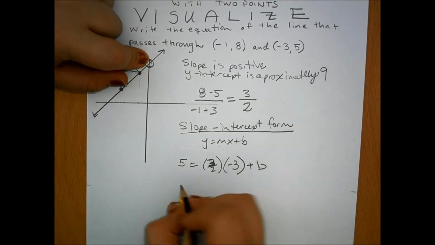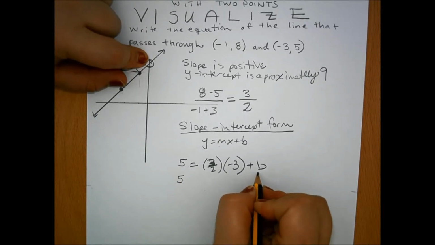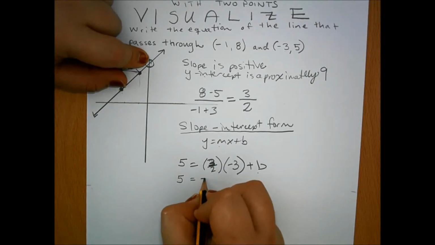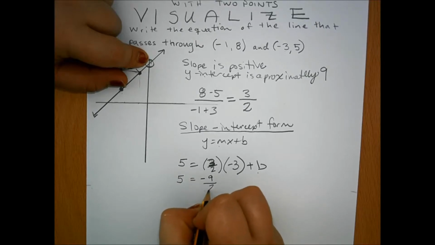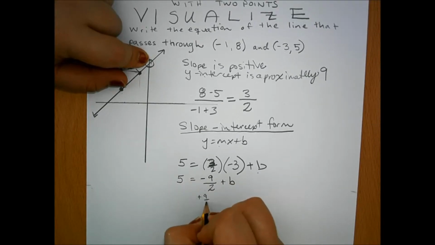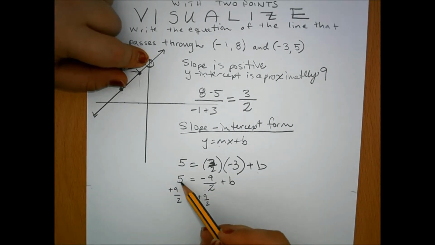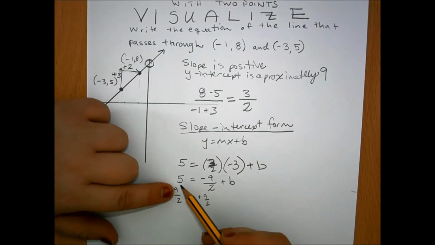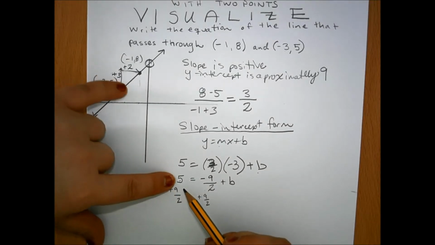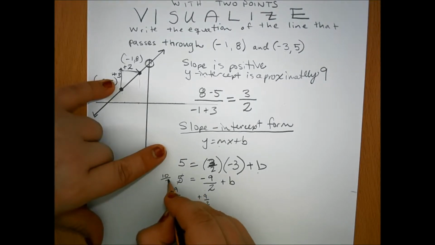So, let's do the math and solve for b. Multiply the numerators, multiply the denominators, add 9/2 on both sides. When we add 9/2 to 5, we need to make 5 have the same denominator, so instead of 5, we're going to write 10/2.